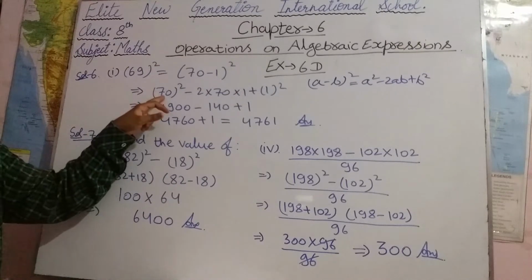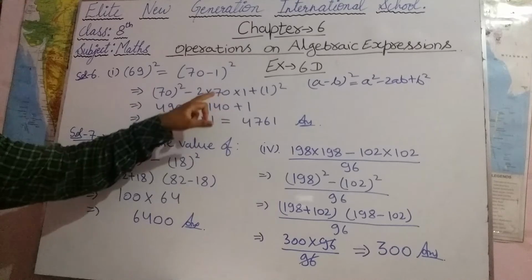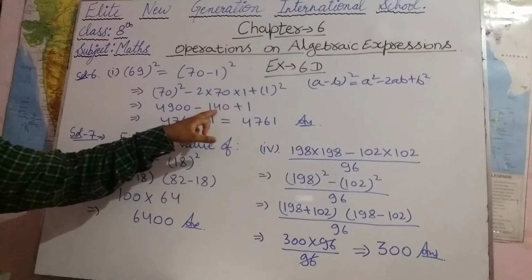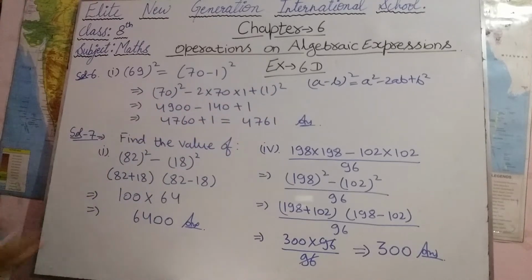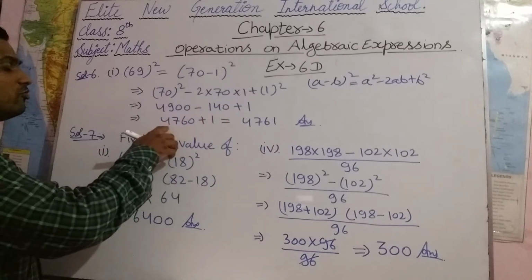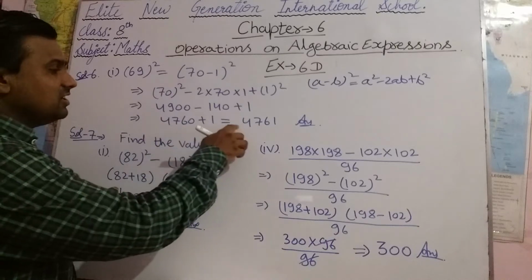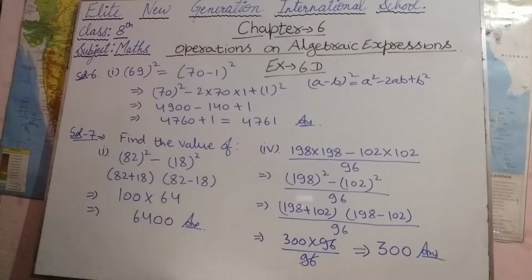Now 70 square will be 4900, minus 2 into 70 into 1 will be 140, plus 1 square will become 1. So 4900 minus 140 will be 4760, and plus 1 it will become 4761. So it is the answer. The remaining part of this question you can try yourself.